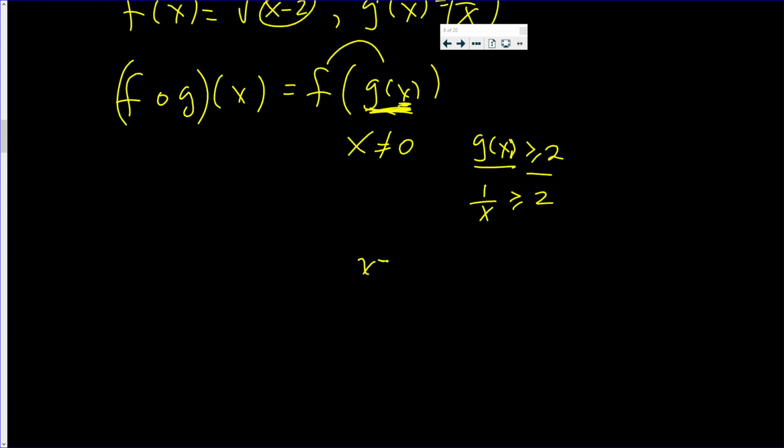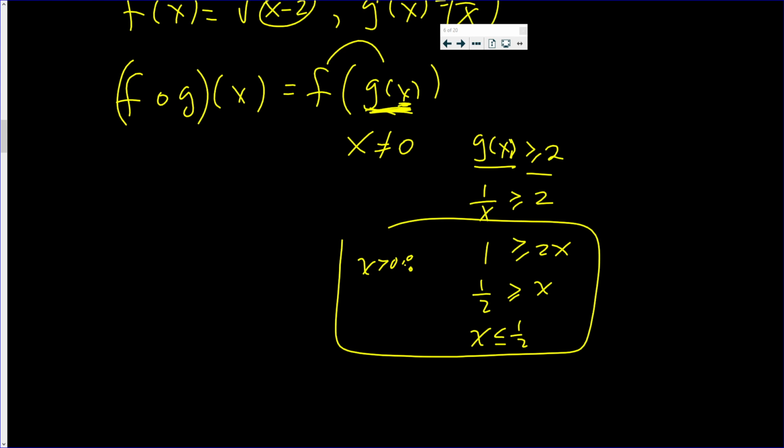If x is greater than 0, I multiply both sides by x, and then I divide by 2. That is, x has to be less than or equal to 1/2. That's if x is bigger than 0. So what we know is x is bigger than 0, less than or equal to a half.